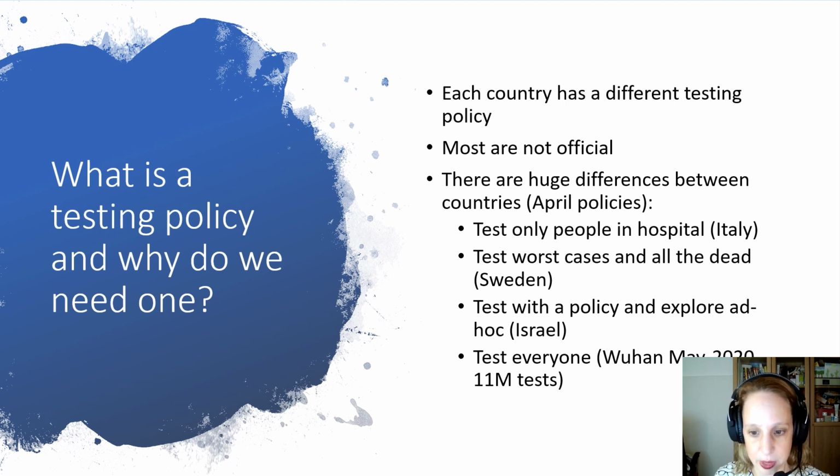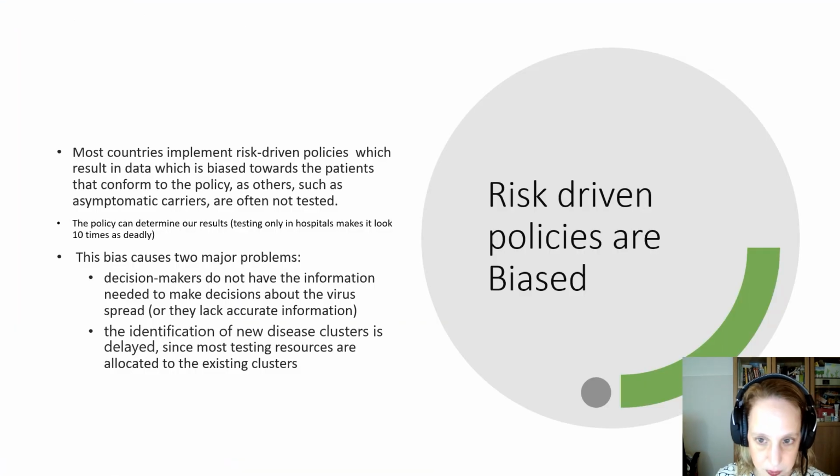And Sweden tested the worst cases and all the dead people. And in Israel, we tested with a policy: you had to have a few symptoms or to be in contact with a confirmed case. And in Wuhan, they were planning on testing everyone, that is 11 million people. So the testing policy can really differ between the countries.